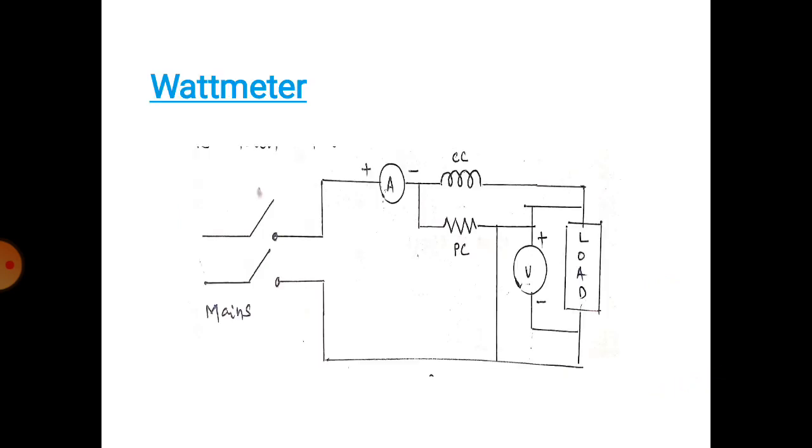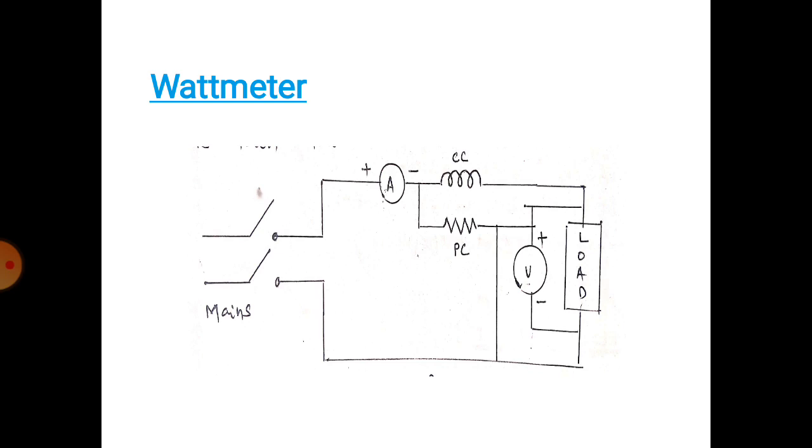So next we are going to discuss what do you mean by wattmeter. So wattmeter is an instrument used to measure power. The circuit to measure power using wattmeter is shown in the figure. It consists of two coils, that is pressure coil, which is written as PC, and a current coil, which is written as CC.